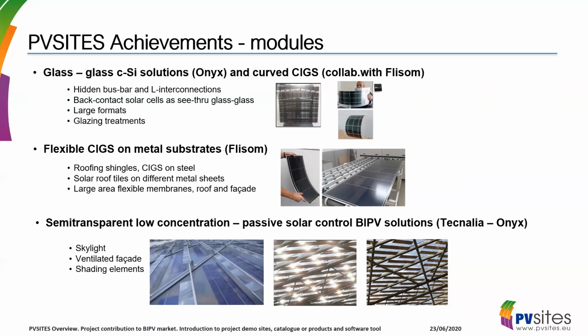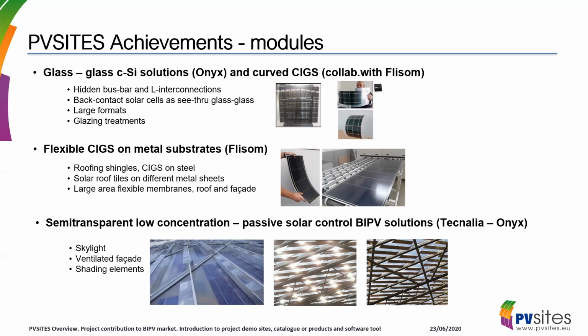Examples: hidden bus bars or L interconnections, making these modules more attractive to the end users, and making modules with back contact cells and see-through glass solutions with large formats. This is something that is required by architects and commercial buildings, and glazing treatments like mirror effect or filter effect.